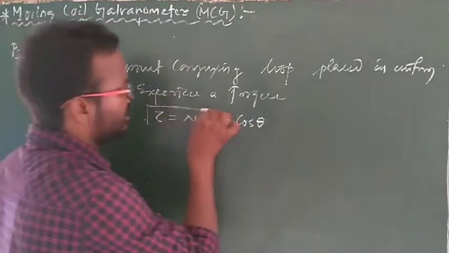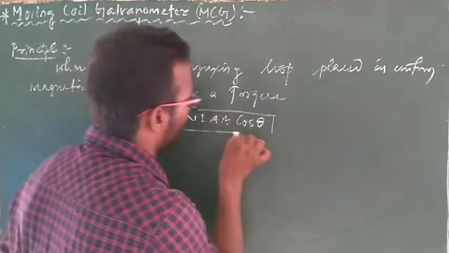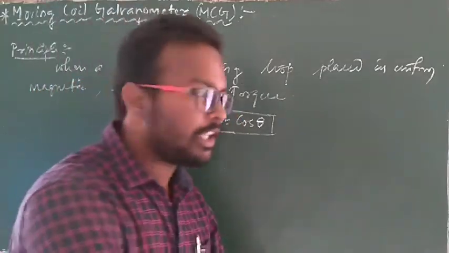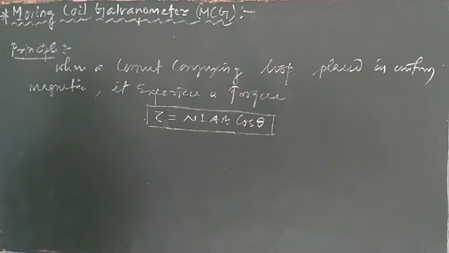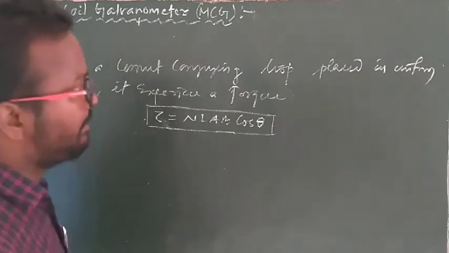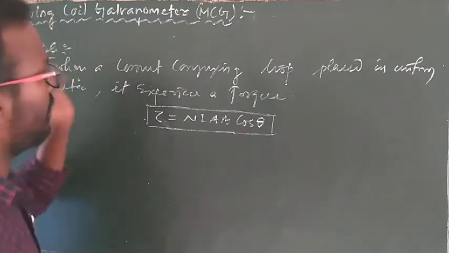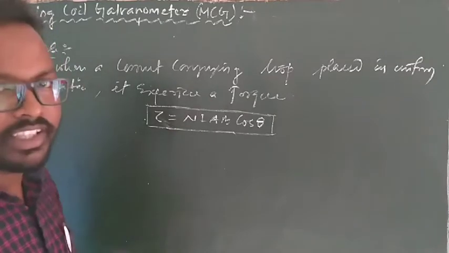Clear? Which was discussed in our previous class. So by using this principle, we determine the deflection of a moving coil galvanometer. This is the principle which is used here.